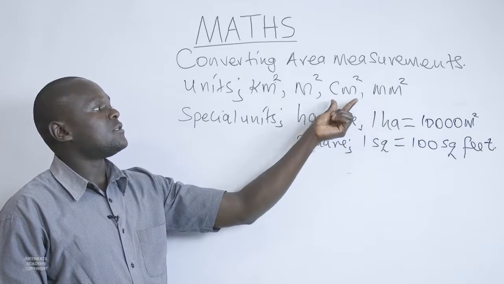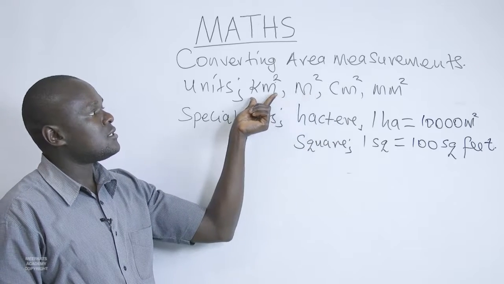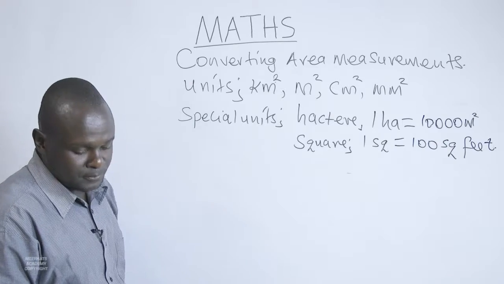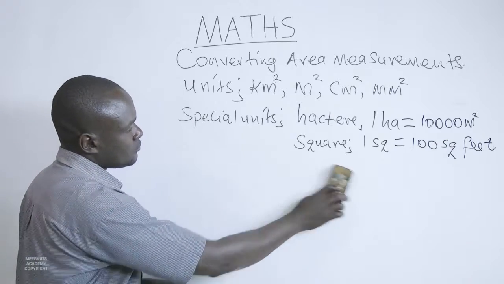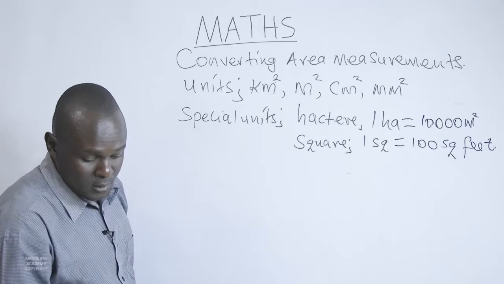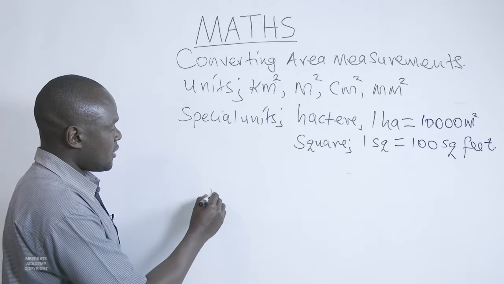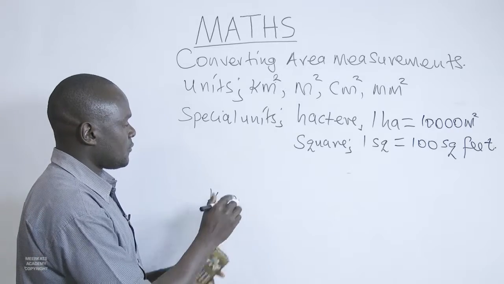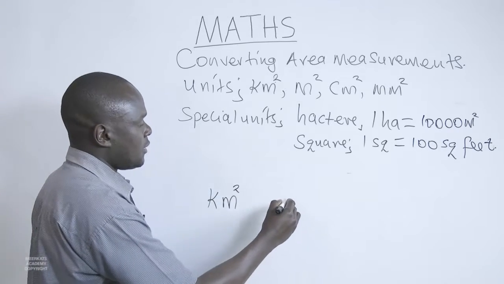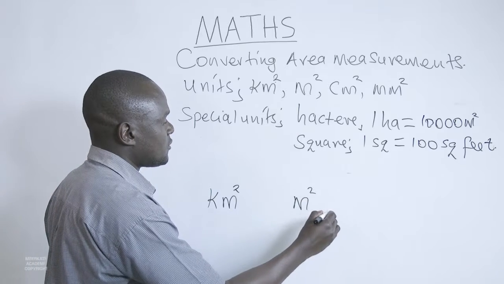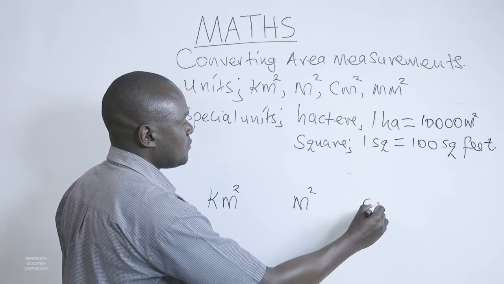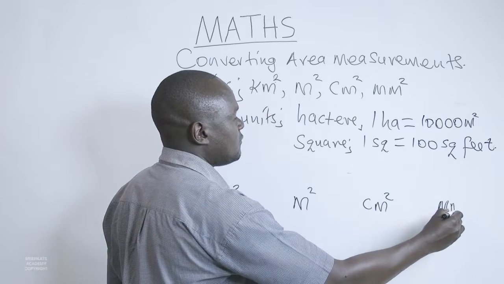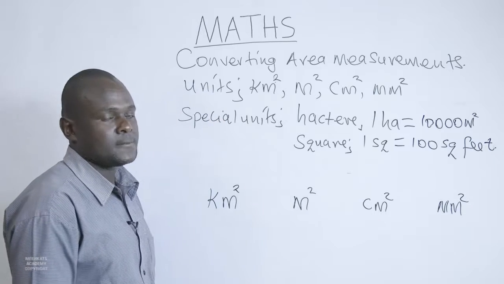We can start from millimeter squared to centimeters to meters, and lastly to kilometer squared. In this chart, we are going to have kilometer squared here. We can have meter squared, square centimeters, and lastly we can have square millimeters.